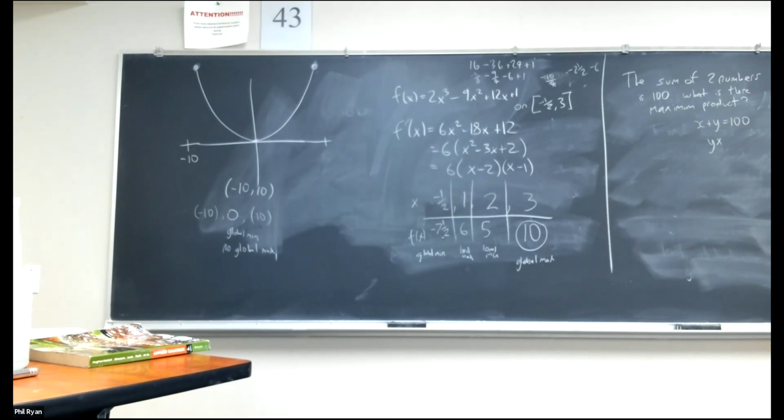Yeah. It looks like there's two unknowns, but they're not, right? Because x plus y equals 100, once you know one, you know the other. So there's really only one unknown. So y equals 100 minus x. So this equals x times (100 minus x).